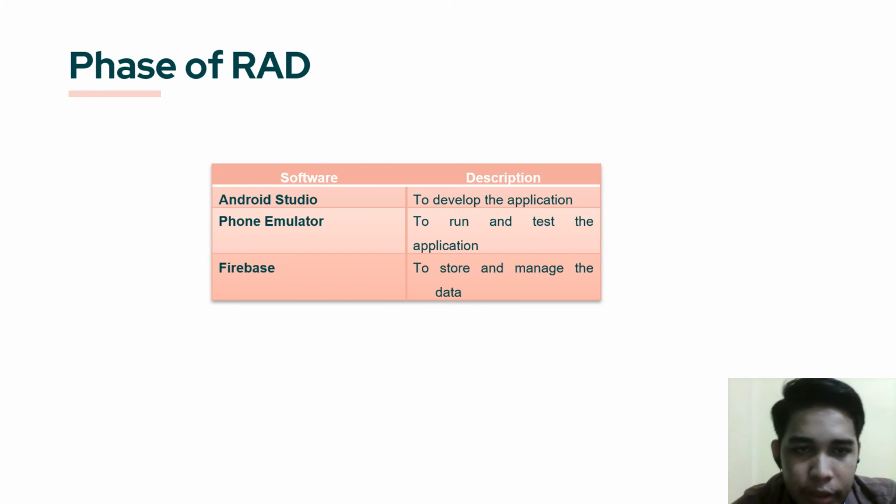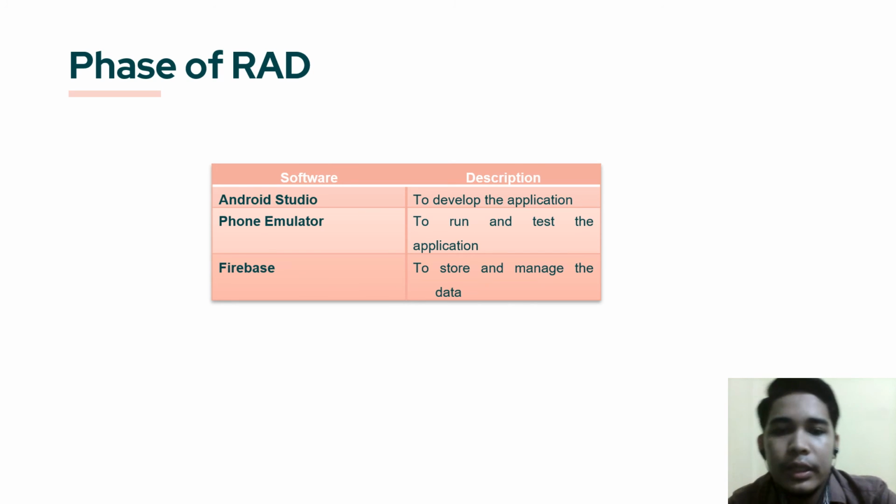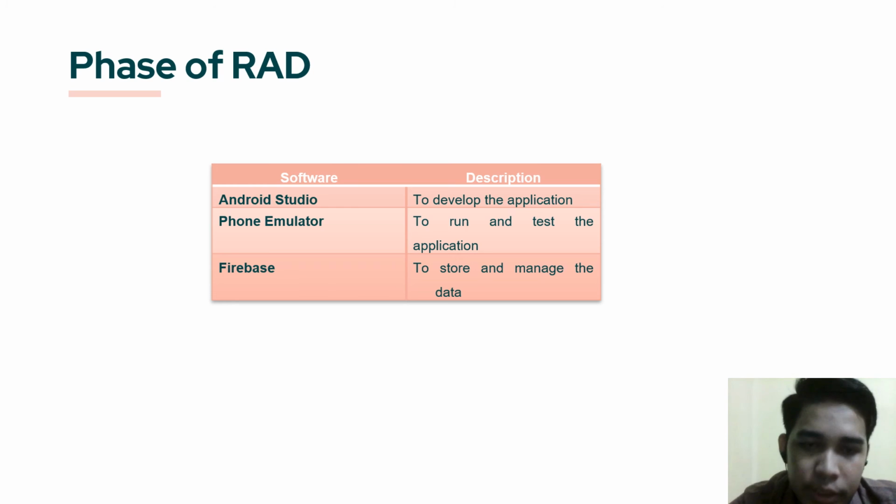As I mentioned earlier, in phase 3 of RAD, there will be the determination of software and hardware. As you can see on the slide now, there is a list of software that I plan to use in developing this application.